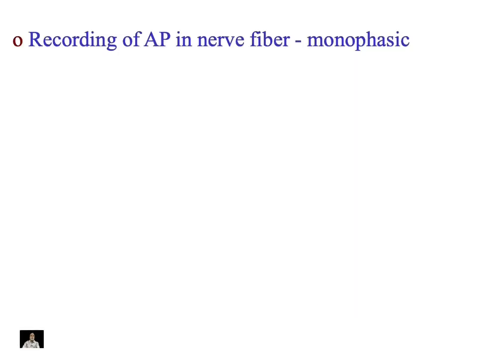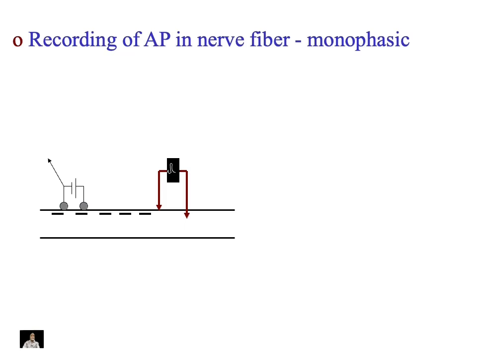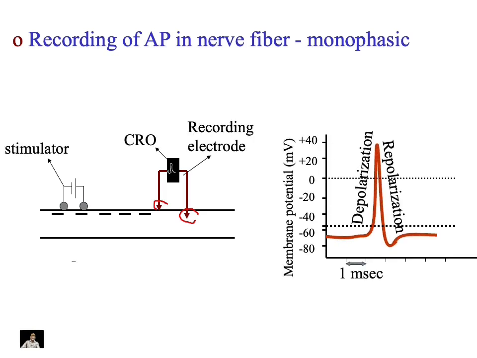Now we look a little more into each part of the action potential. How does it look? If you record from a nerve fiber using microelectrodes, one electrode is inside the cell, where it is negative, and the other is outside, where it is positive. You give a stimulus with the stimulator and record it.